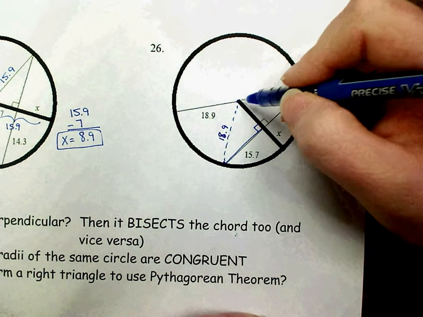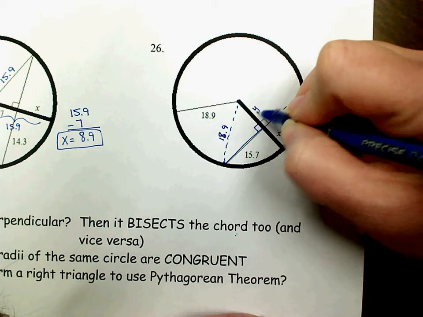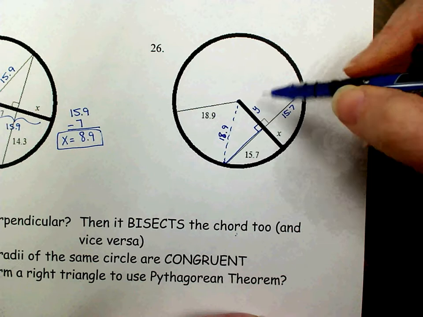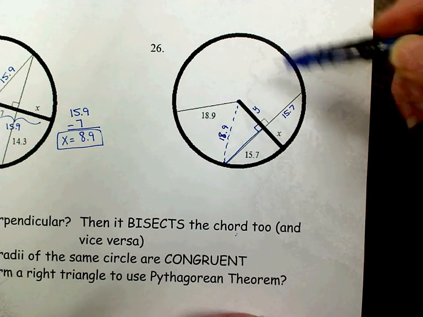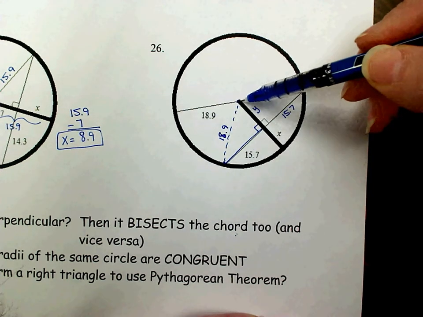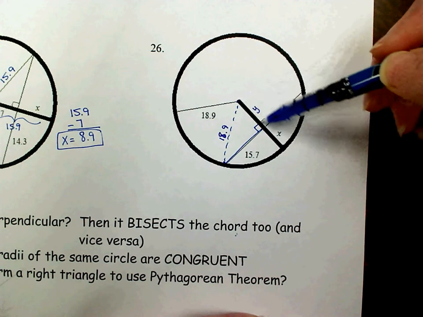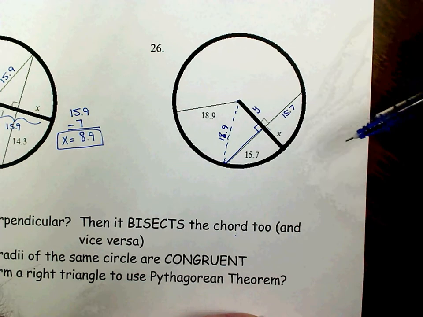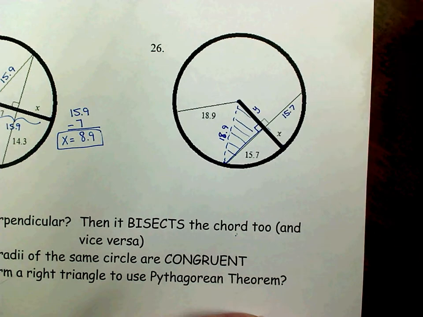If I know this part, the leg of that right triangle, and I'll call it y, I don't want to call it x since I already have x in another part of the problem. If I find y using the Pythagorean theorem from this right triangle, then I can find my x because I know the whole radius is 18.9. So all I'd have to do is subtract out the part that we get with y, and that gives me my x here. So this is the right triangle that I'm going to focus on using the Pythagorean theorem.